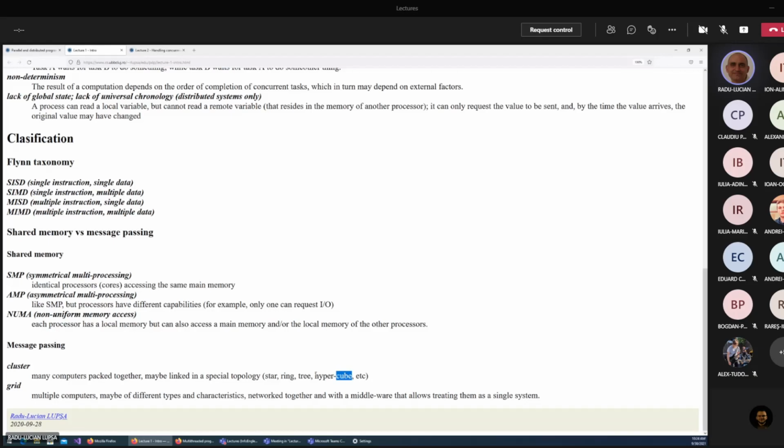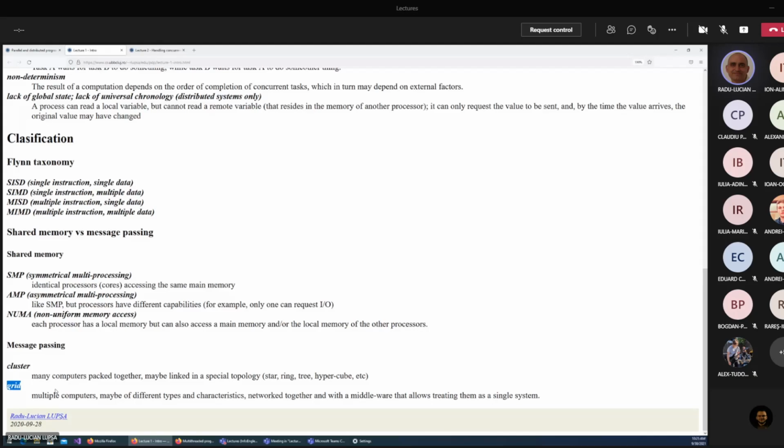Identical processors, identical amounts of memory, and so on. So they are special devices that have multiple computers interconnected. And grid computing means essentially you have multiple PCs or whatever computers, as I said here, maybe of different types and characteristics.